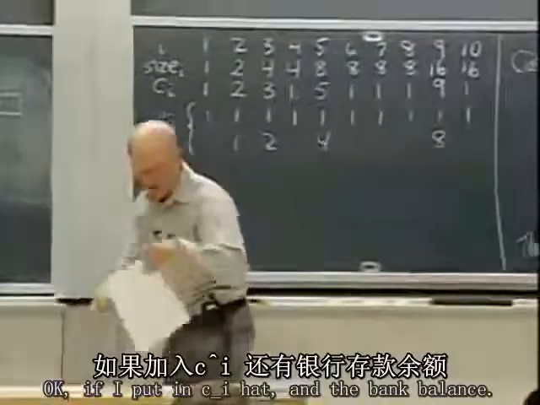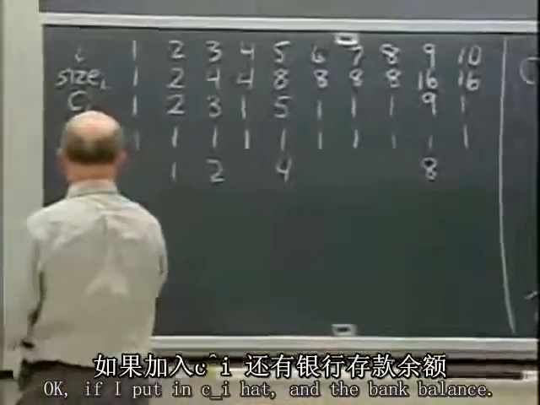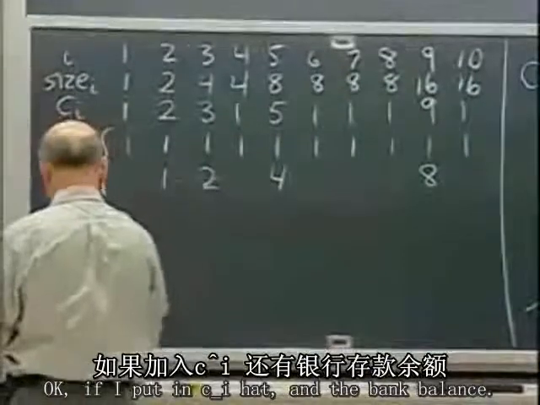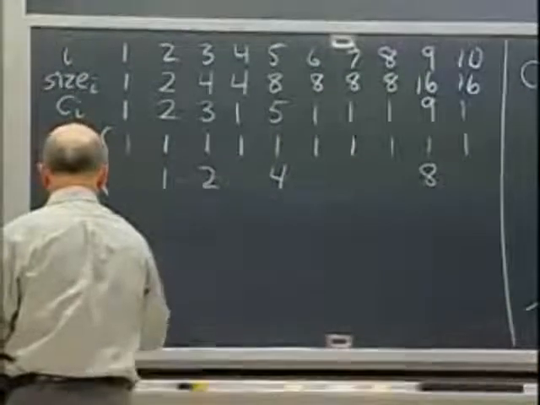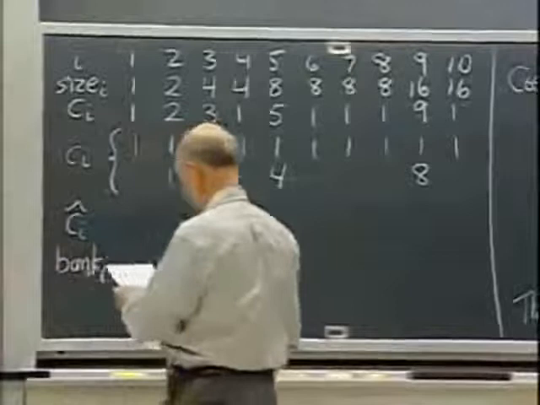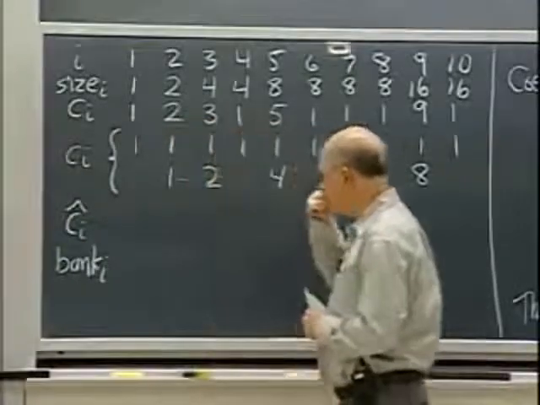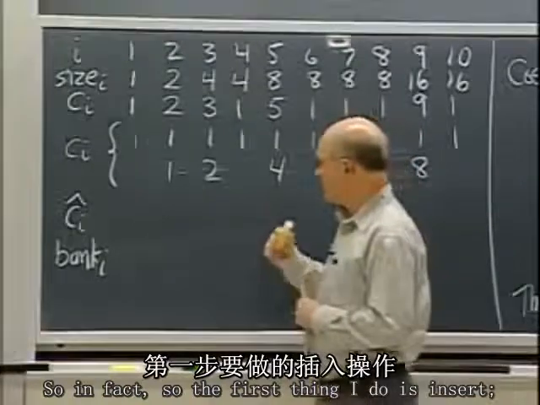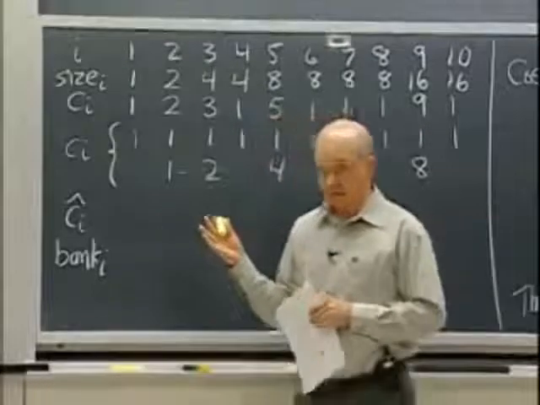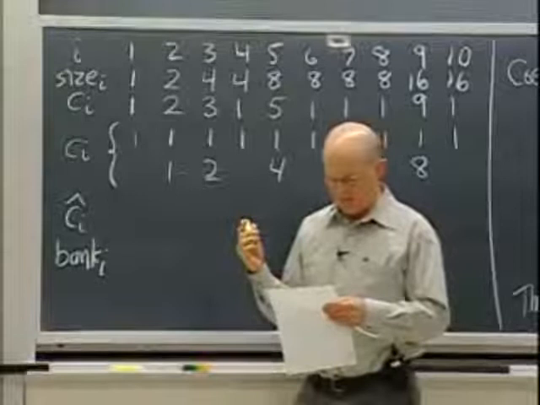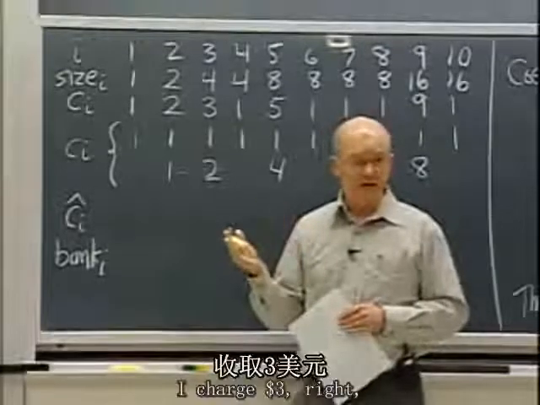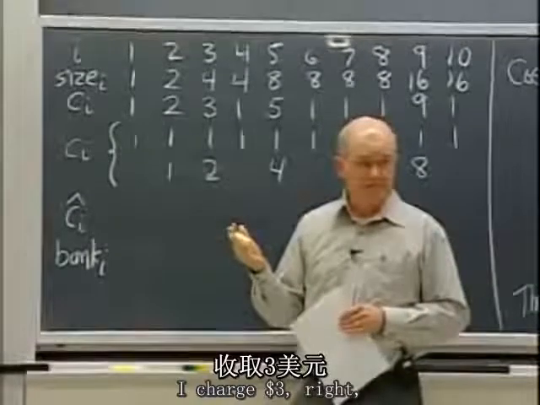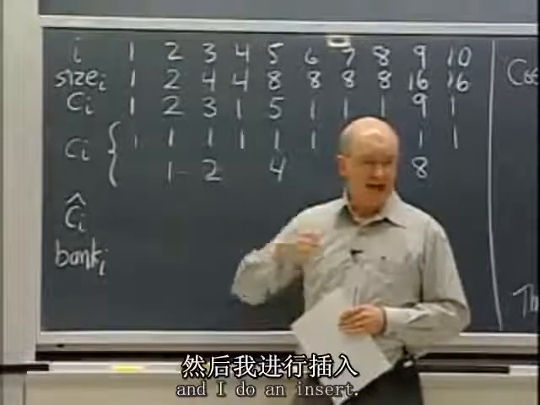If I put in c sub i hat and the bank balance. So in fact, the first thing I do is insert, I charge $3, and I do an insert.